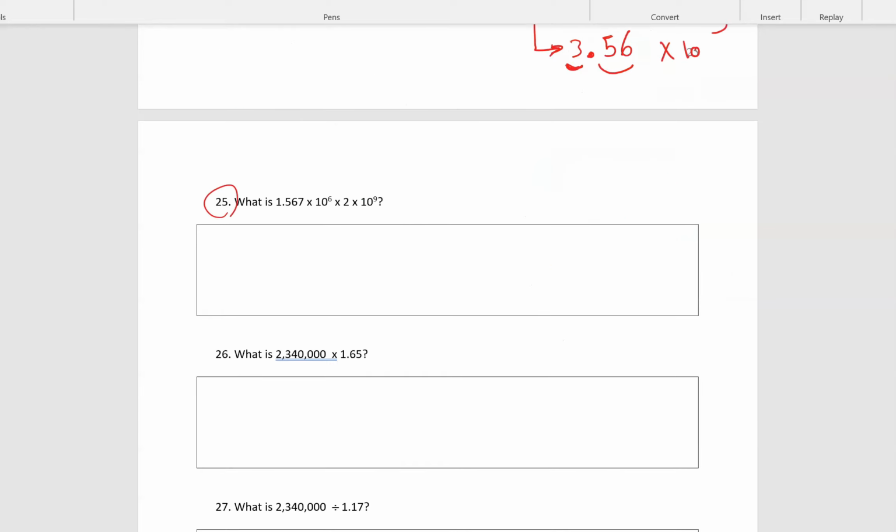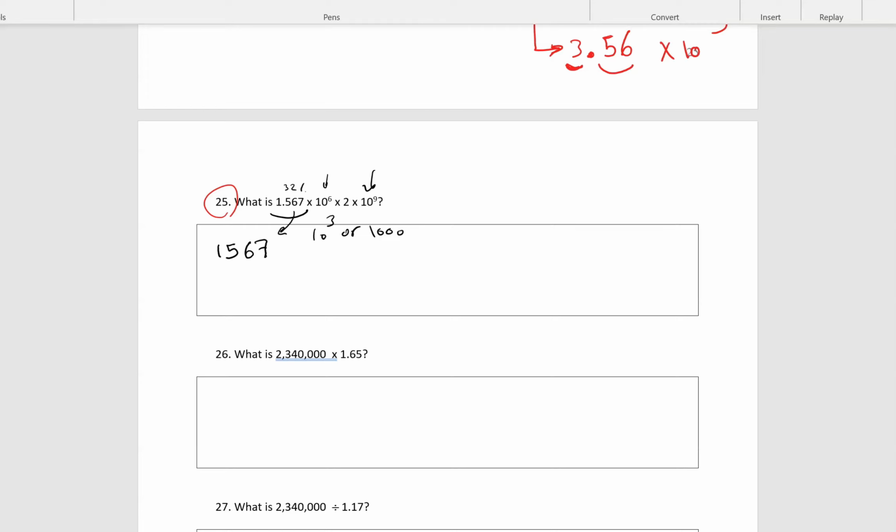In this question, if you want to use the powers, it's easier to write this number as 1567. To reach this one, we need 10 to the power of 3 or 1000, because here there are 3 digits, 1, 2, 3. So I can get from here or I can get from here.